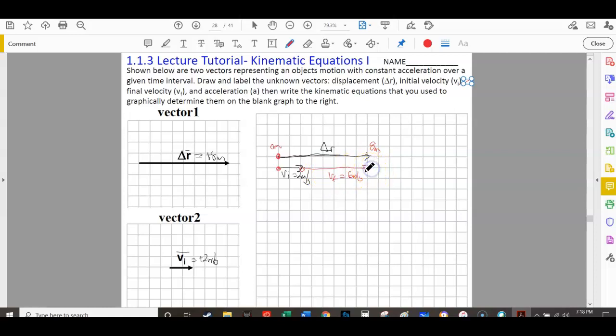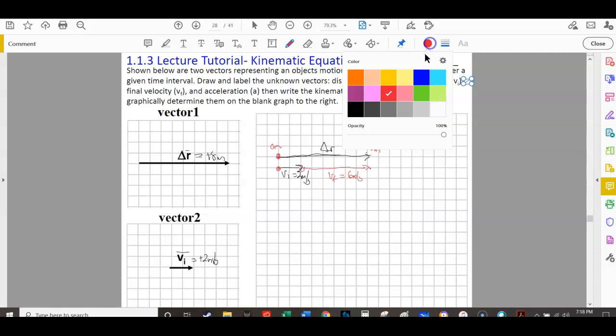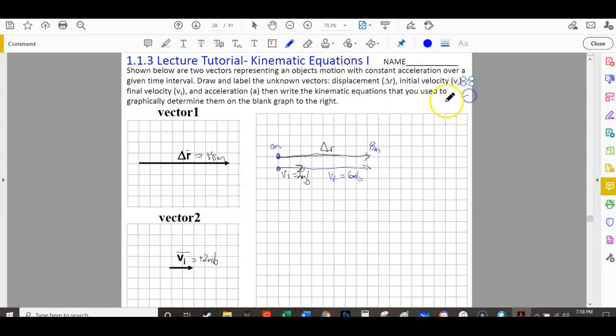Okay. Well, that kind of makes sense. And the cool part is, now that we have our final velocity vector, we could actually estimate the size of our acceleration vector.